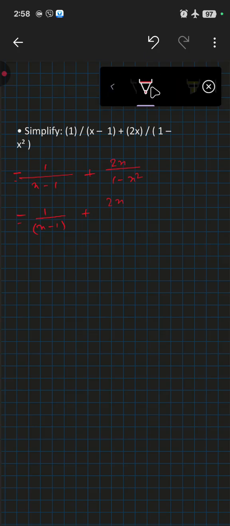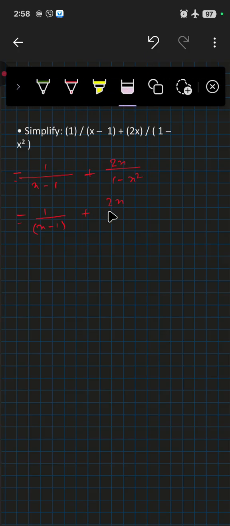So what we will do is convert this plus sign into minus, and 1 minus x square will become x square minus 1. We can convert it into the formula of a square minus b square, and write it in product form, that is x plus 1 into x minus 1. 2x is on the top.